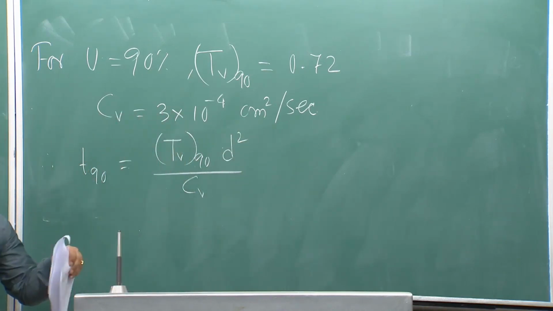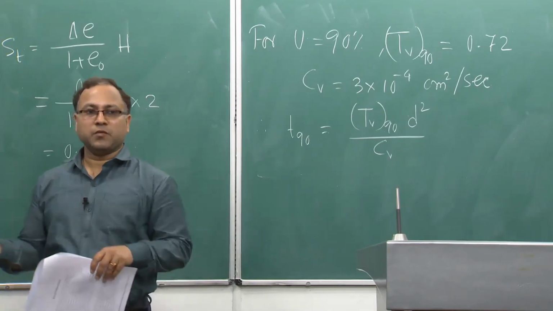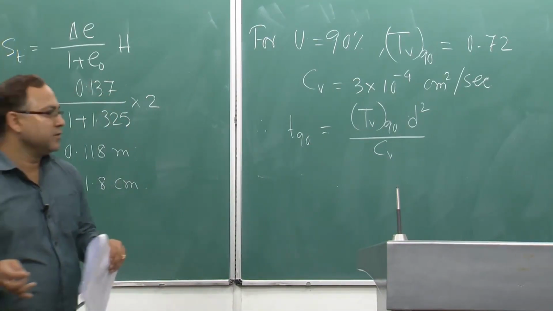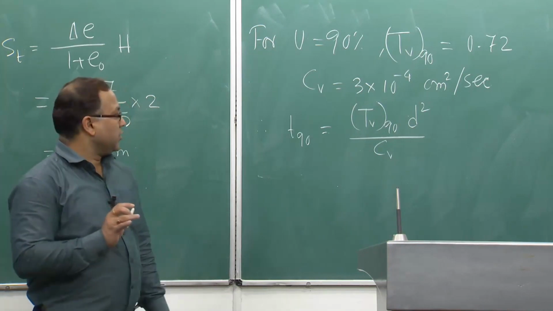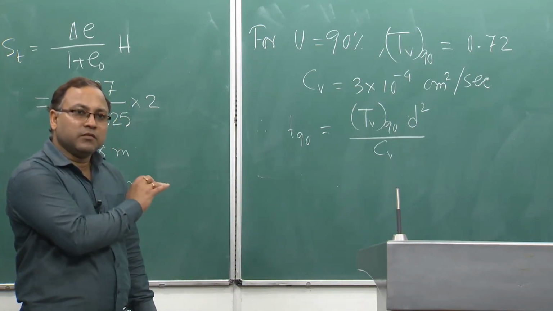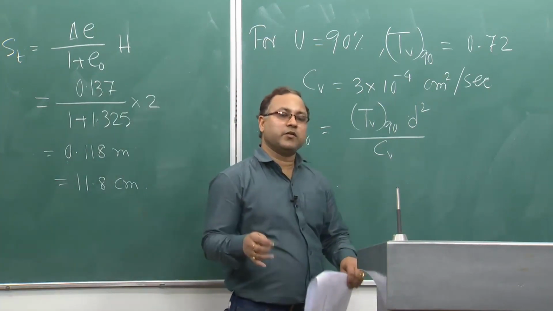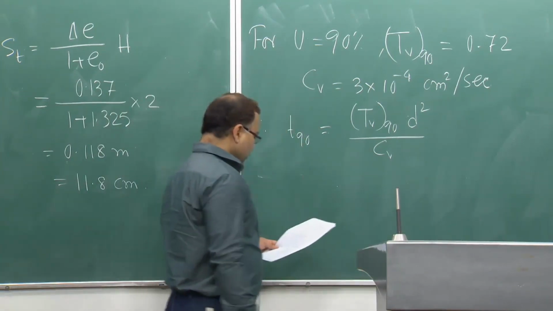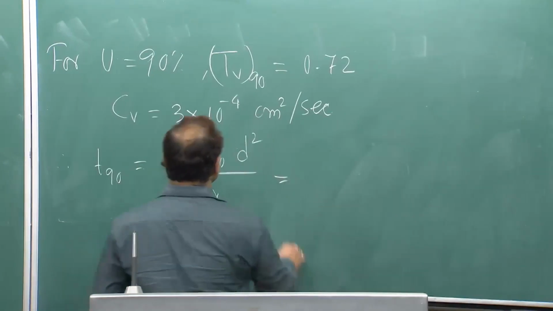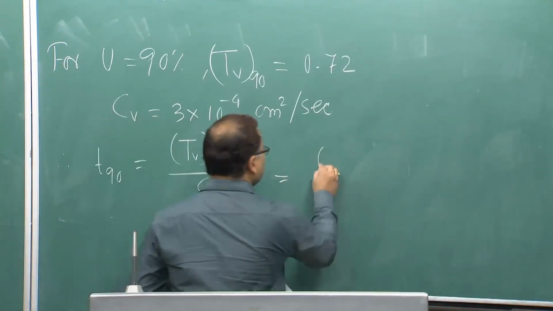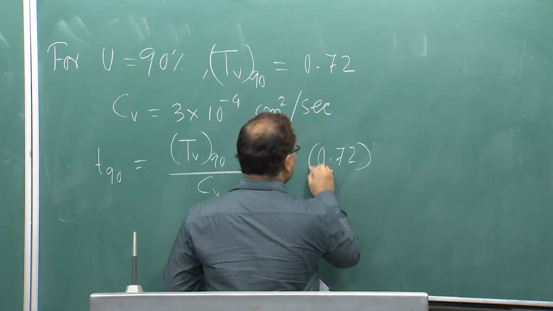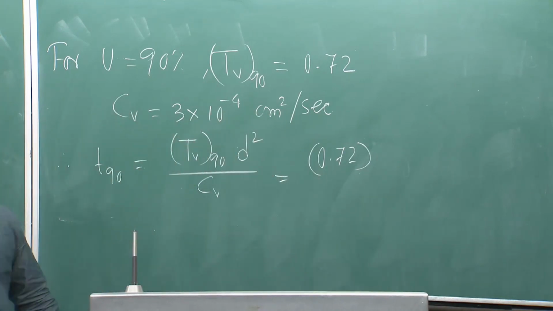D is the same as in the last problem, the drainage path HDR. This is the expression you have already derived or seen when we discussed the theory, right. In this problem, TV 90 is 0.72. Now, what is D?